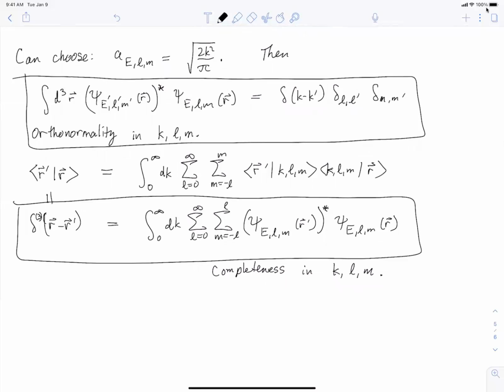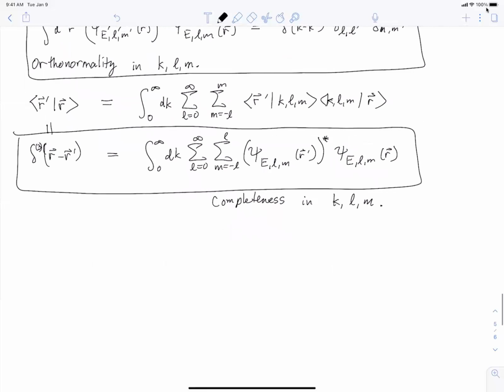So among the things we can do with this are not just study free particles, but study things that are free particles in certain regions. So next time we'll be studying what happens when you apply this to, for example, a particle in a spherical well, where inside the well, it behaves like a free particle, and outside it behaves like a free particle with a different energy. So we'll get to that.